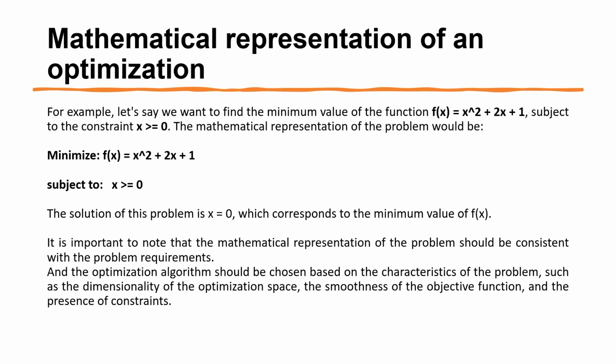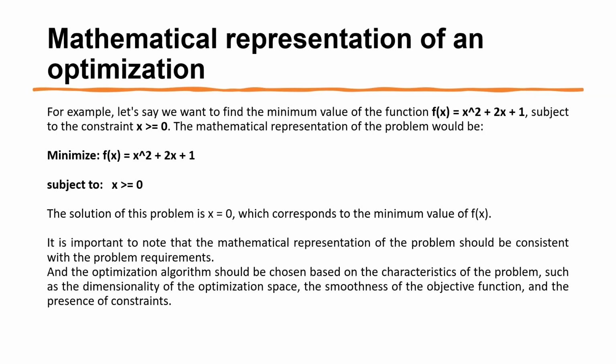It is important to note that the mathematical representation of the problem should be consistent with the problem requirements. We have to formulate the objective functions very precisely. That is the major chunk. And the optimization algorithm should be chosen based on the characteristics of the problem, such as dimensionality, optimization space, linear, non-linear, and the presence of constraints, and so on.